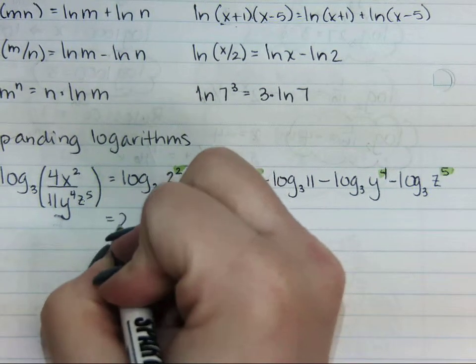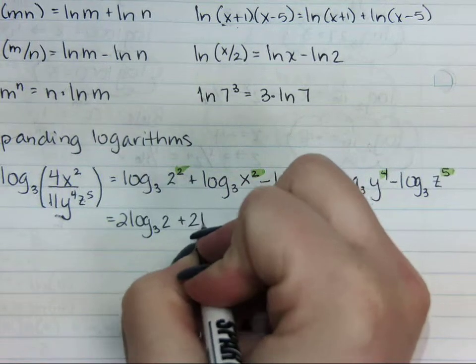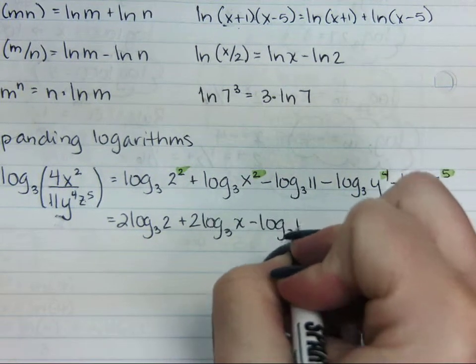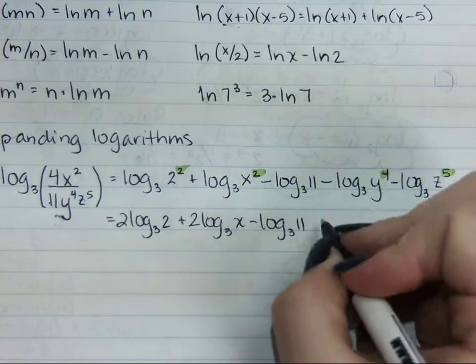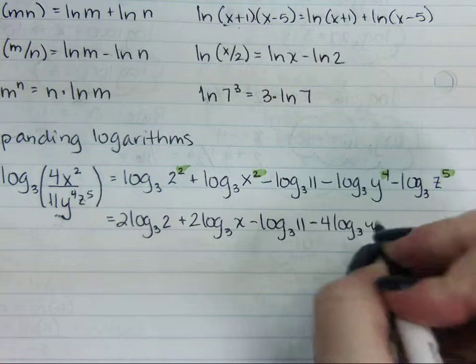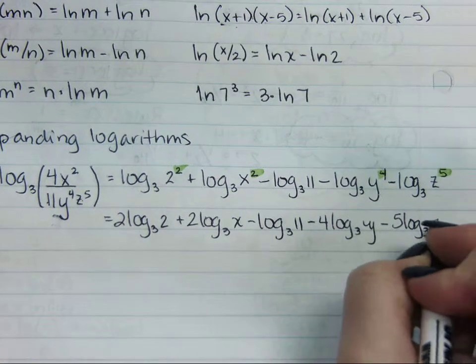So that's the same as 2 log base 3 of 2 plus 2 log base 3 of x minus log base 3 of 11. And again, I need to also subtract off a 4 log base 3 of y and subtract off a 5 log base 3 of z.